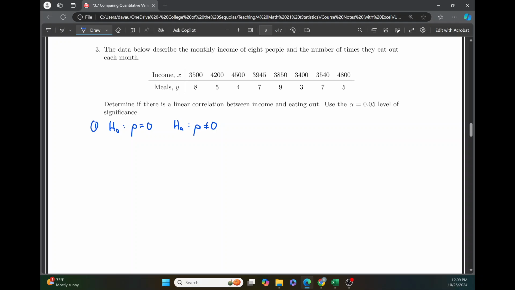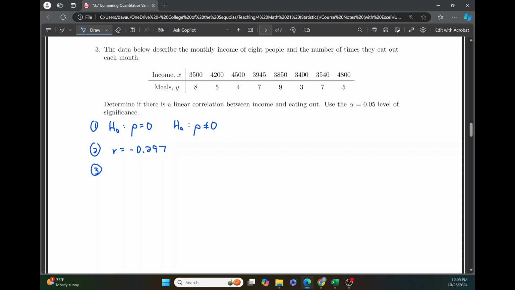Okay. Correlation coefficient was R equals negative 0.297. Now that doesn't seem quite as different from 0 as the previous case, so maybe we're not going to be rejecting the null hypothesis here. The only way to know for sure is to run the test.